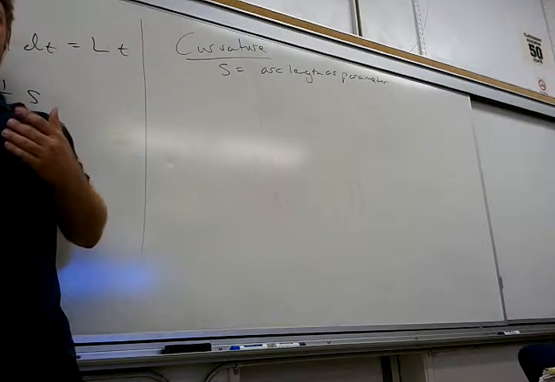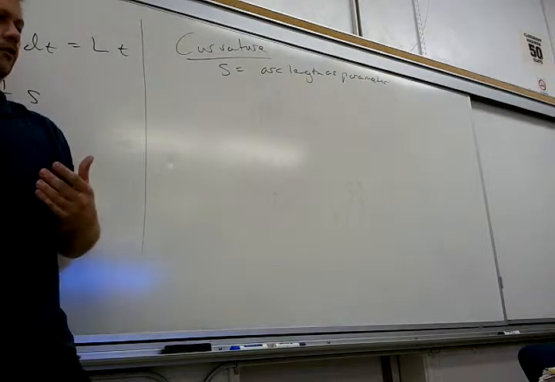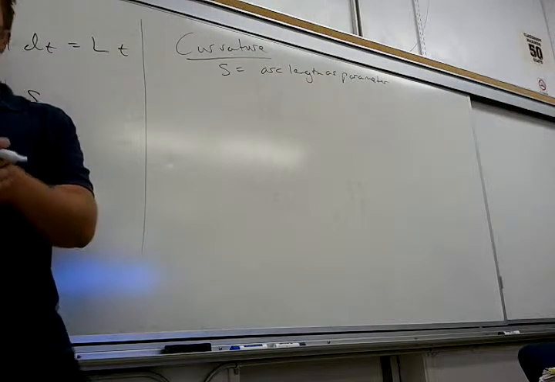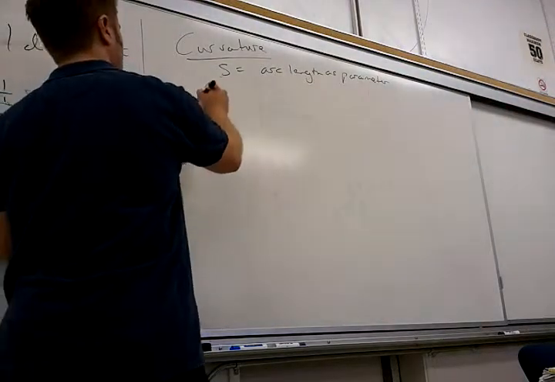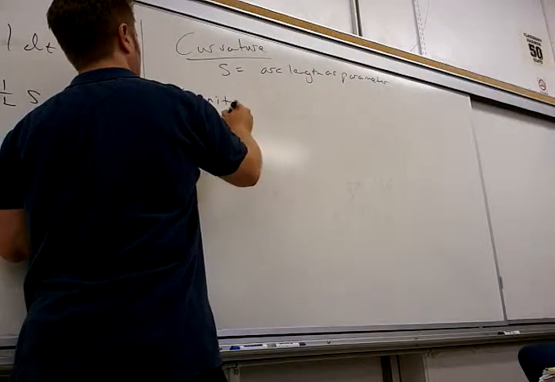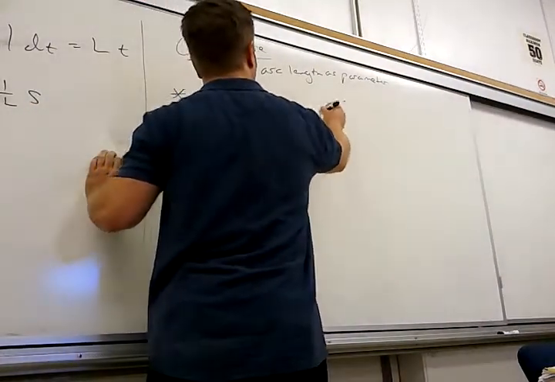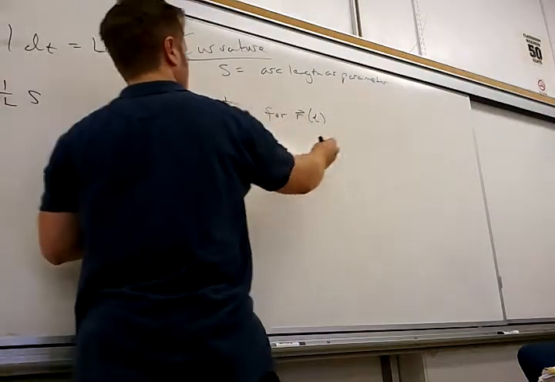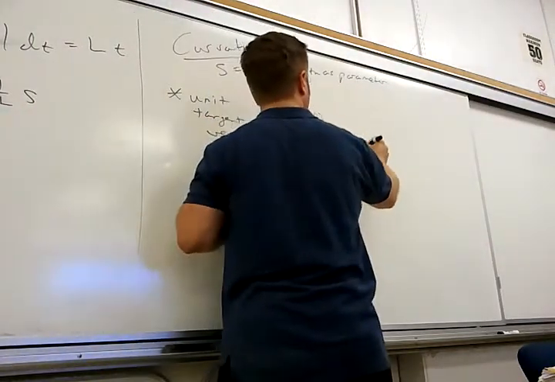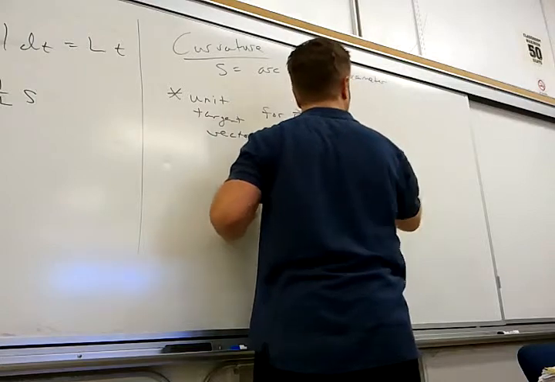So we already know one little thing that's going to help us out. We already know how to get the unit tangent vector, for example. Somebody remind me, how do you get the unit tangent vector for some given R? Yeah, T equals R prime of t over the magnitude. I love it.